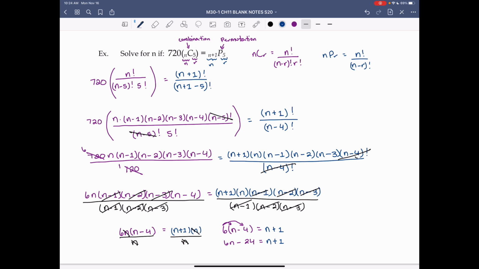And then we solve for n by isolating n on one side of the equation. I'm going to subtract n here. Then I get 6n minus n is 5n equals, I'm going to add 24 to both sides, and we get 24 plus 1 is 25, and then divide by 5, and we get n equals 5.